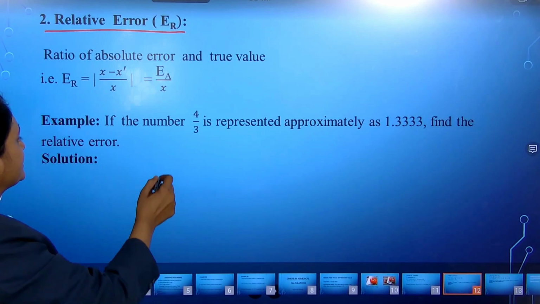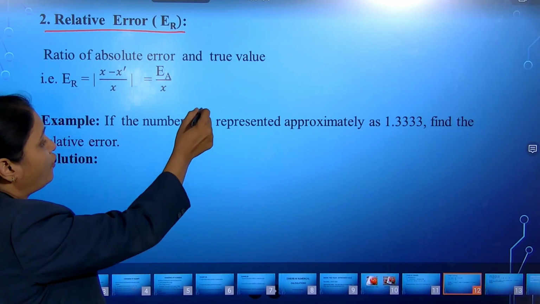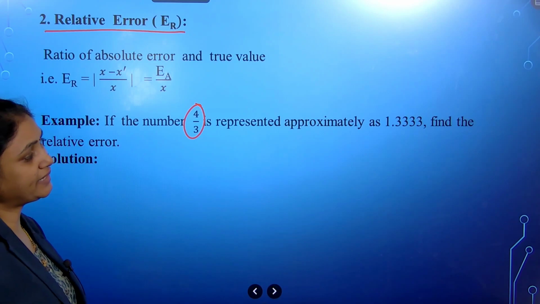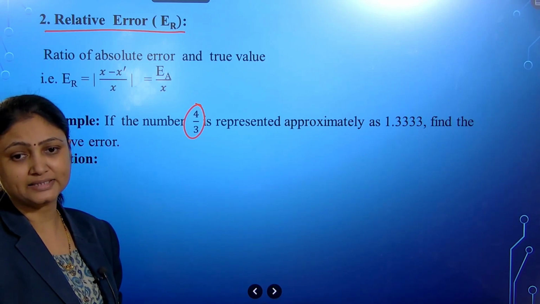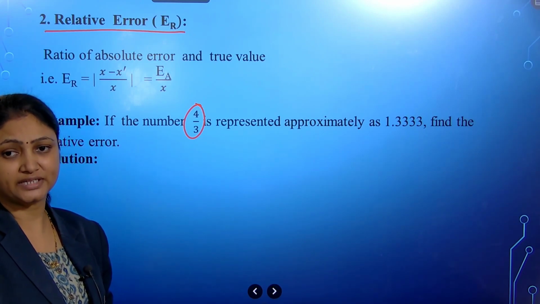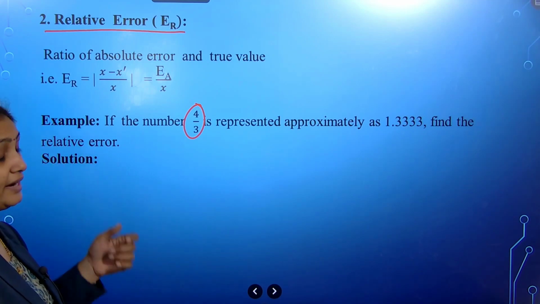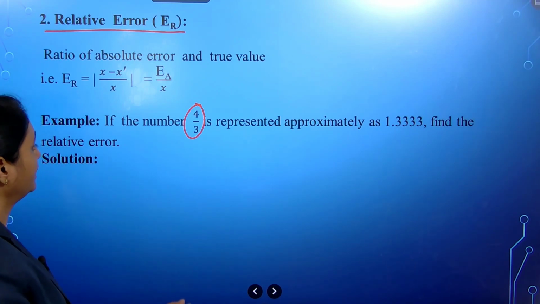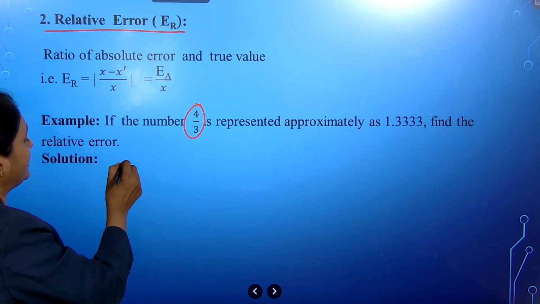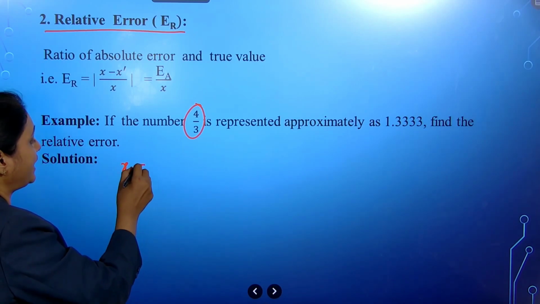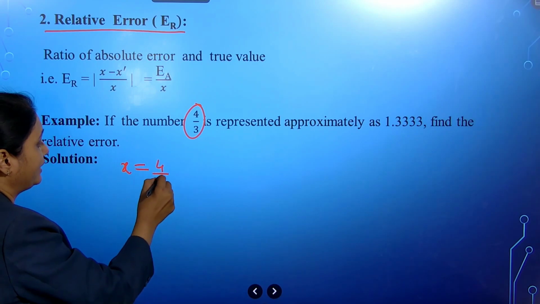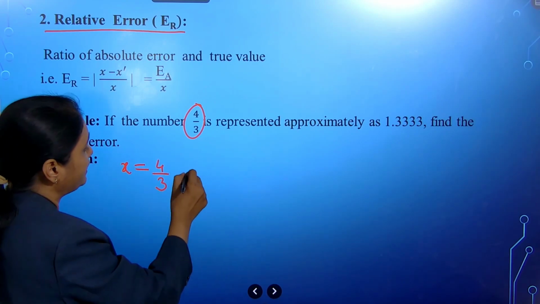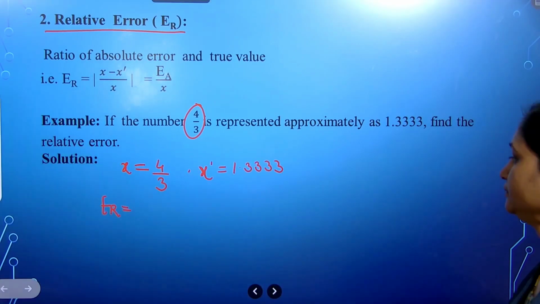So let us consider one example. If the number 4 by 3 is represented approximately as 1.3333, then find the relative error. Now our exact value, that is true value, is x equal to 4 by 3 and the approximate value is x dash.